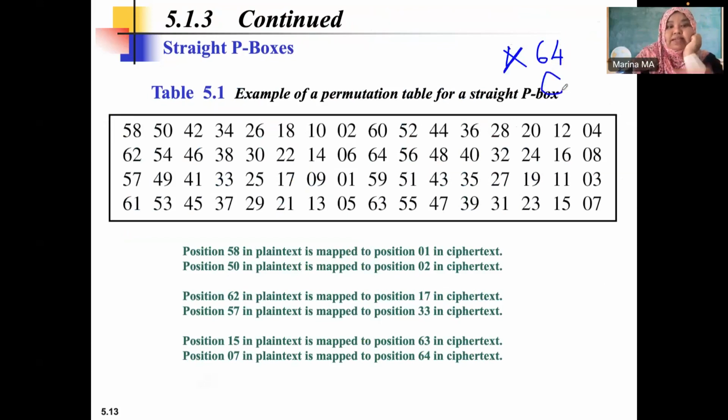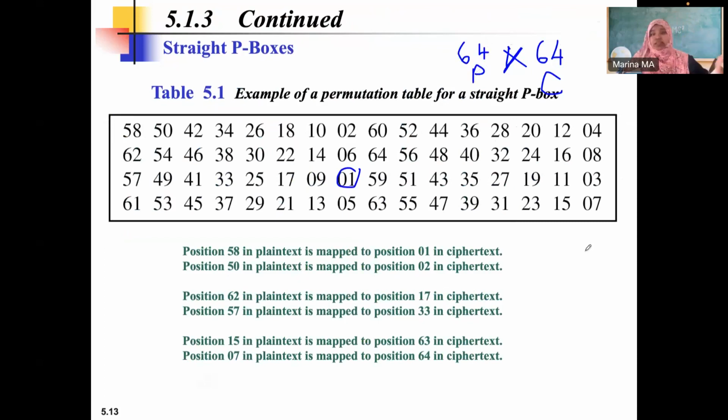How many plain text? The numbers are the plain text. So where is 1? Here is 1. Where is 2? You try and find it, but you will also find there are 64 digits in this table. So this is a straight P-box because there are 64 plain text, the numbers, and 64 positions, that's the ciphertext.